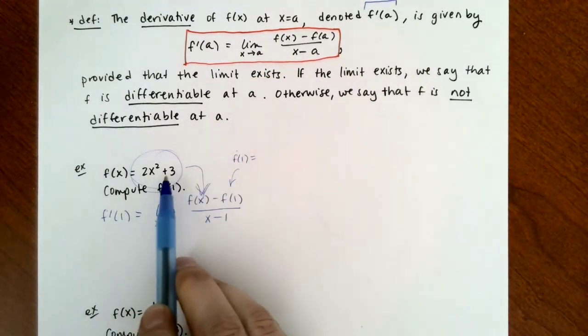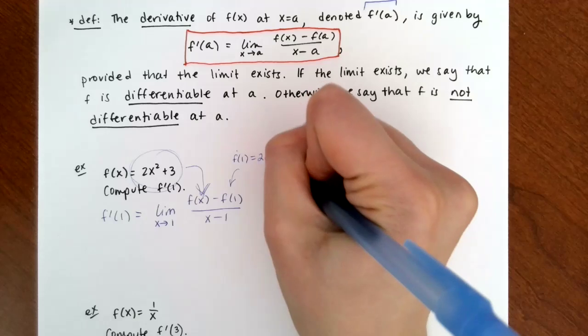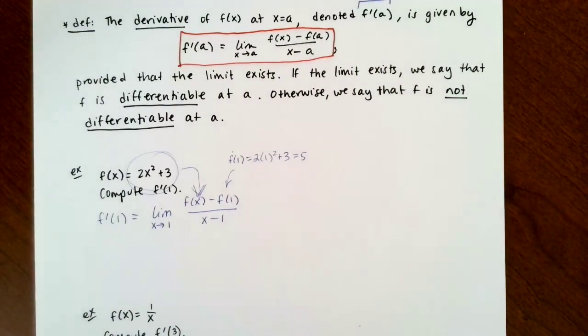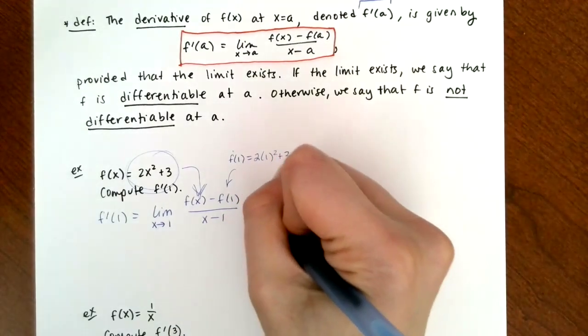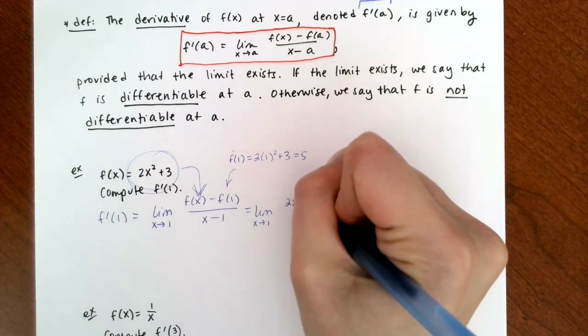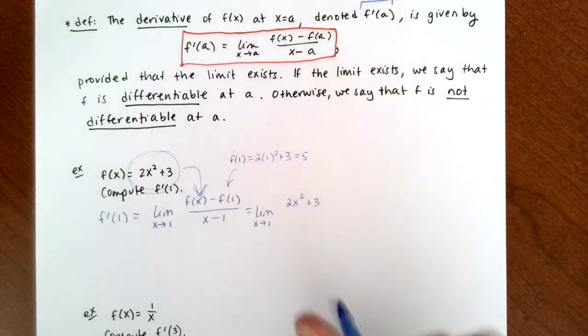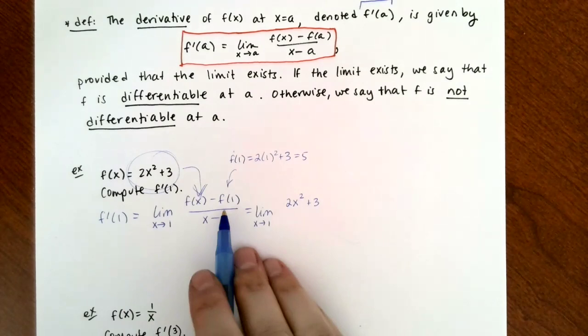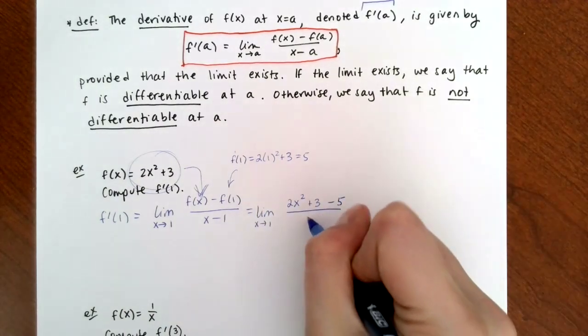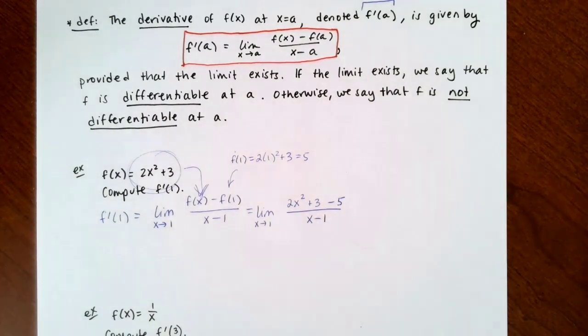I'm going to plug 1 into this formula, and I get 5. Okay, so we'll put each of those things in their spots. That gives me the limit as x approaches 1 of 2x squared plus 3, that's my f of x, minus 5 over x minus 1.